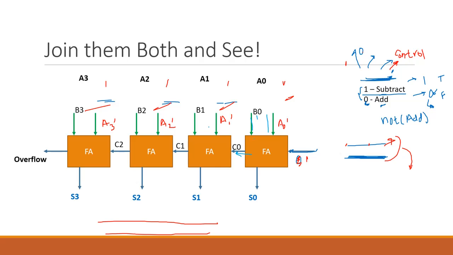So that means this next block has to wait for C0 to come in. Even though we already have A1 and B1 ready, it has to wait for C0 to come in, only then this output will be valid. Similarly for this one, this has to wait for C1 to come, then only this S2 is valid. And the last one, it has to wait for C2 so that S3 is valid.